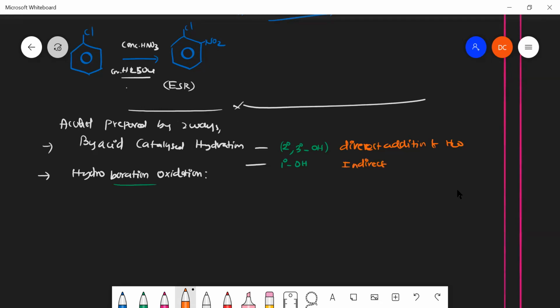Any other thing? Very good. Direct addition versus indirect addition of water, because here we are not going to add any water. Here we use sodium hydroxide and peroxide, in the presence of borane, diborane, we can use it.